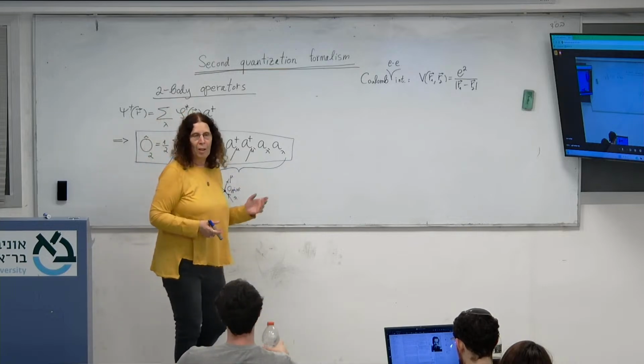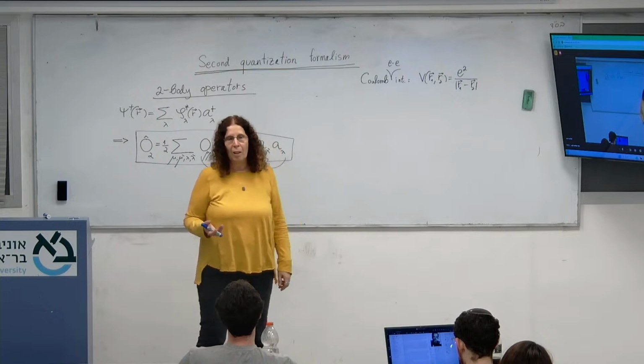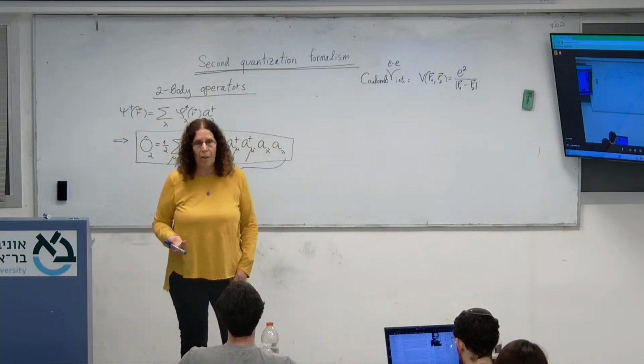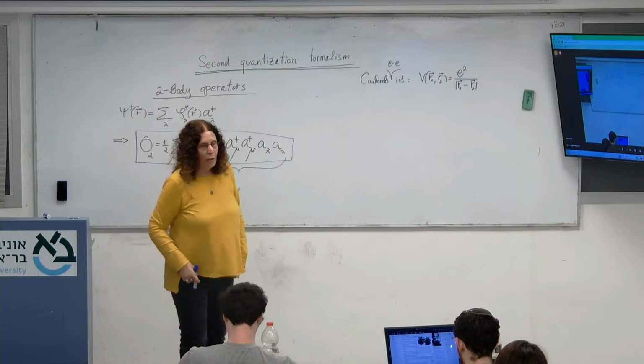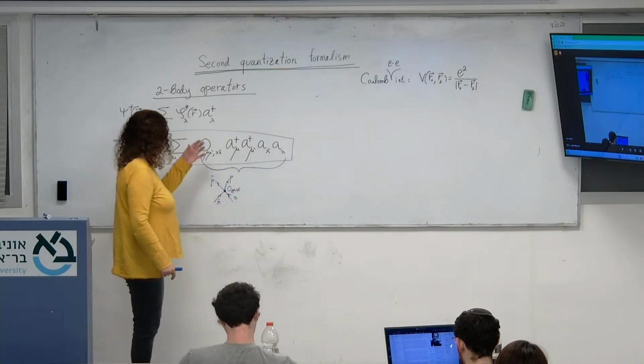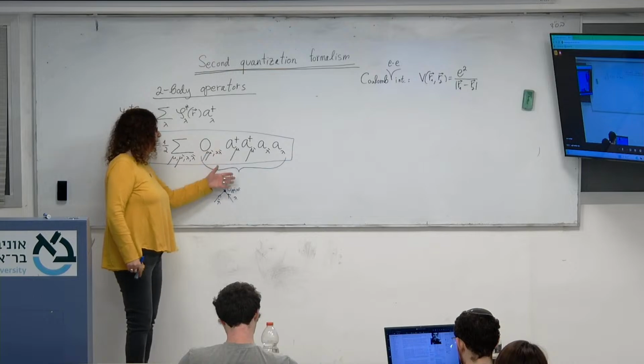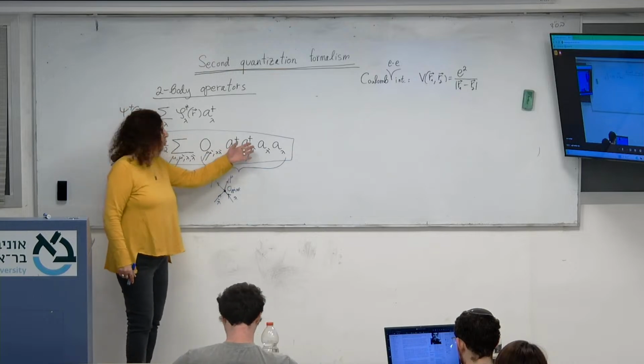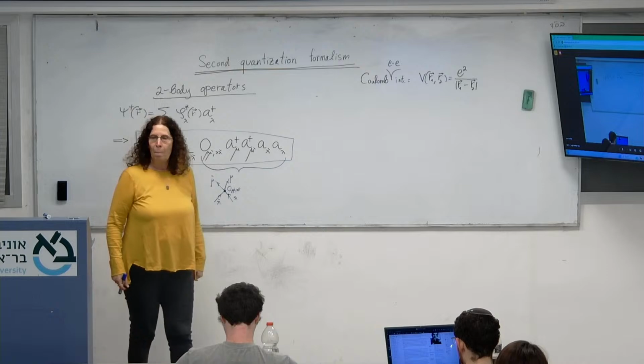One of them, most straightforward, is if the interactions are weak, we can do perturbation theory, right? But in perturbation theory, if you go to higher order, you are applying this operator not once but twice, okay?